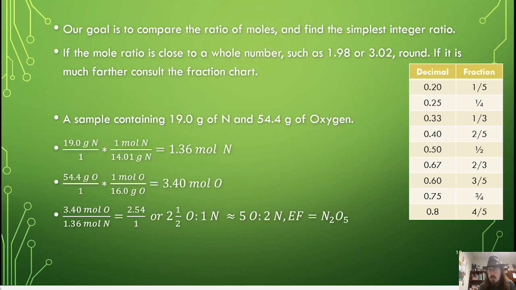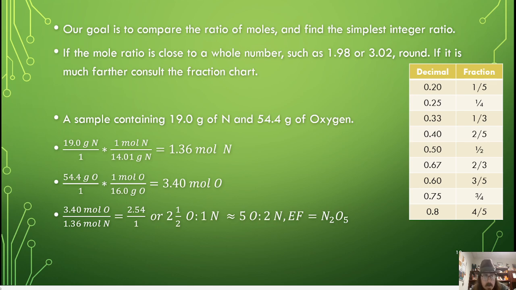You might get a 3 to 4, or 1 to 2, or 1 to 4 ratio. So look at those ratios. If you get anywhere close to those numbers, consult the chart and see what would make the most sense.